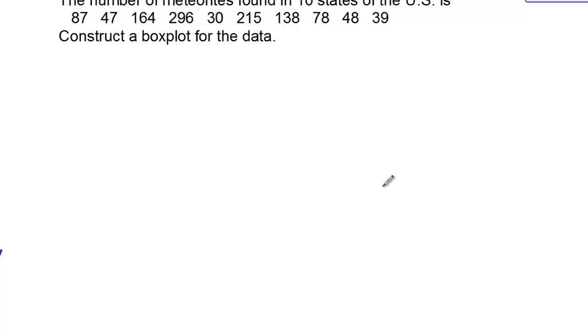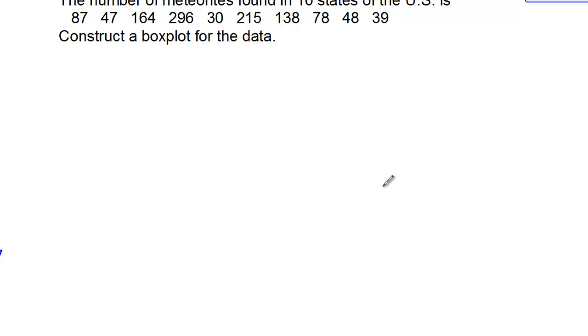So in this example, we have the number of meteorites found in 10 states of the U.S., and those include 87, 47, 164, 296, 30, 215, 138, 78, 48, and 39. And what we're going to do is we're going to construct a box plot.